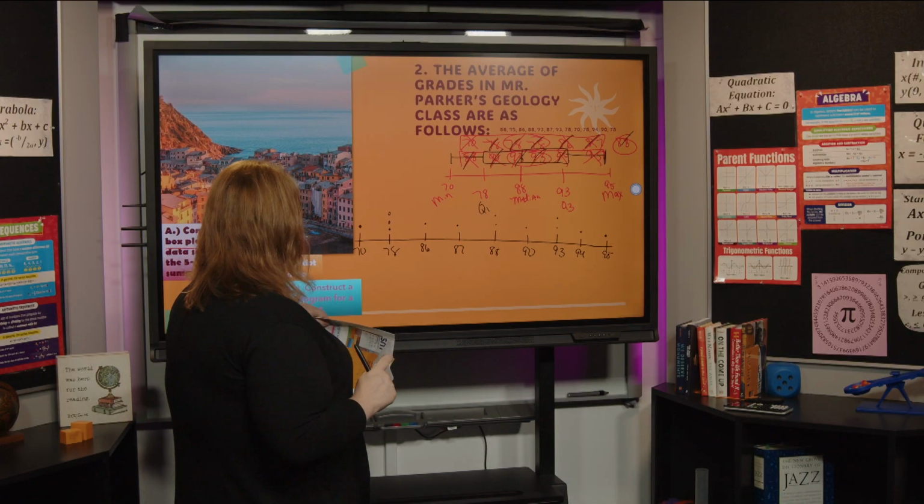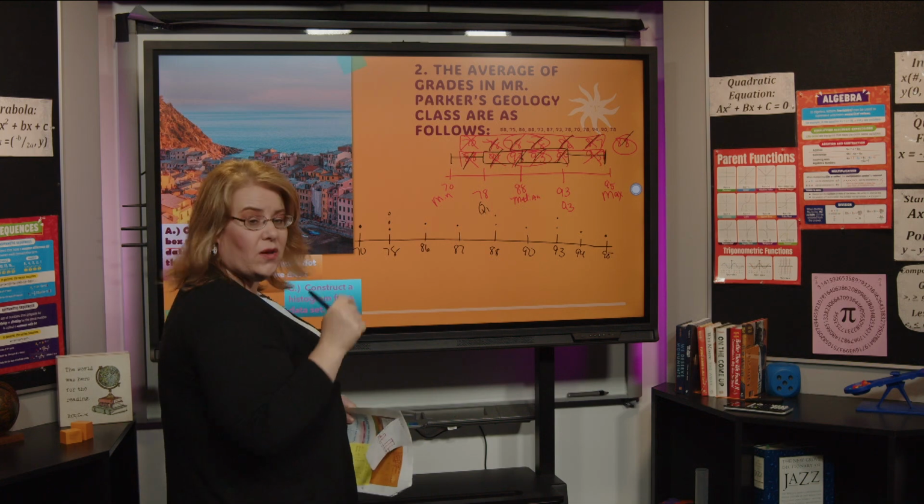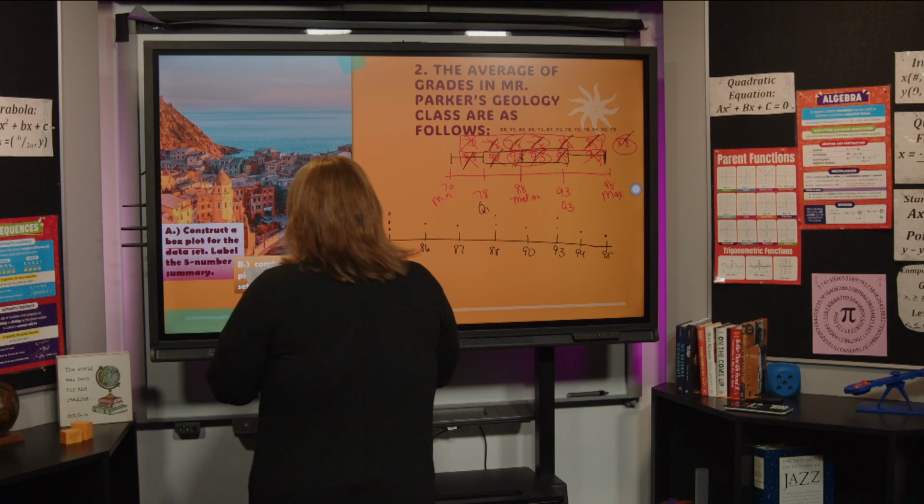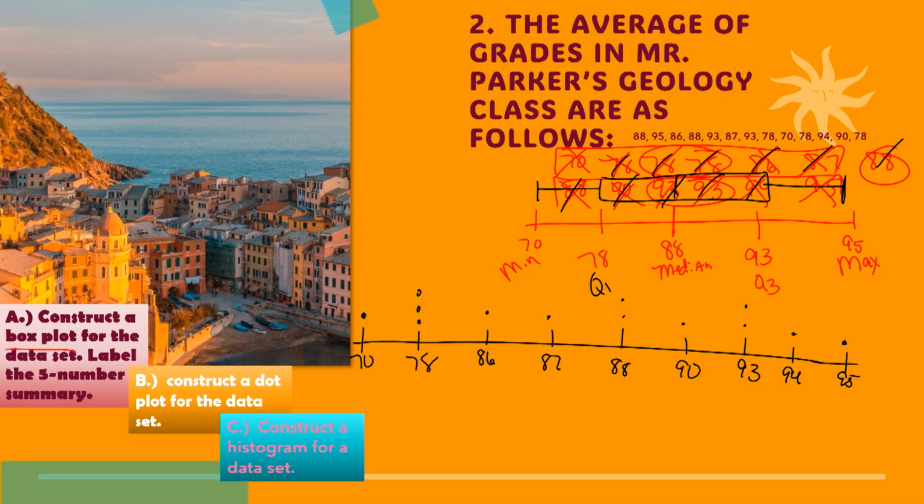And then it says for me to construct a histogram. So let's go ahead and construct this histogram. My histogram I'm going to put at the bottom. This is my histogram, and I'm going to put average grades as my title.